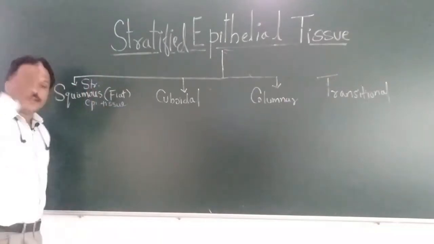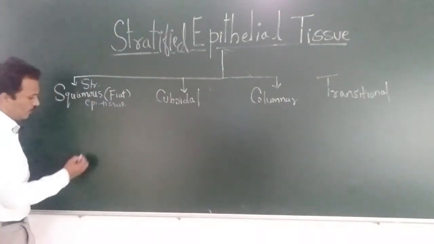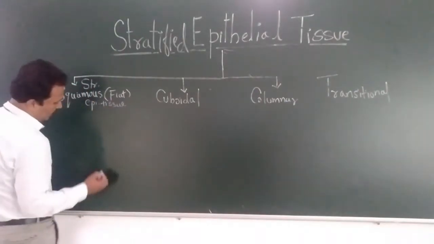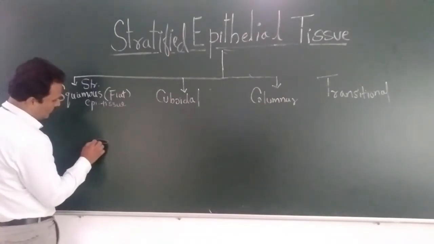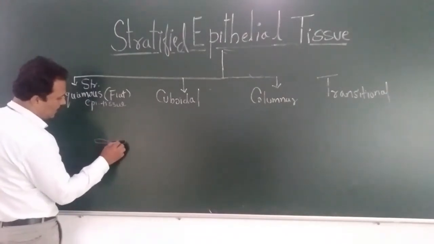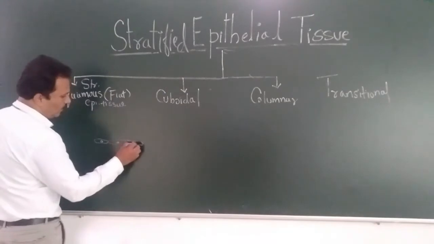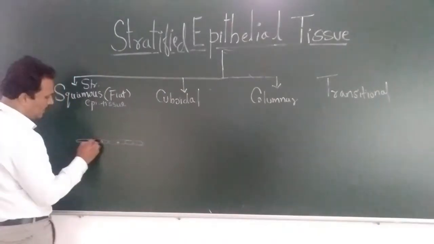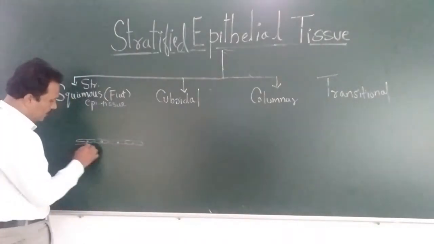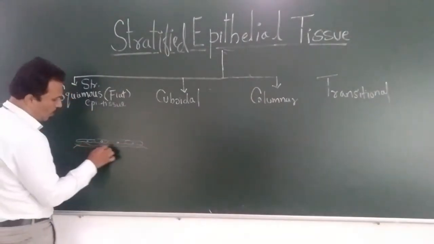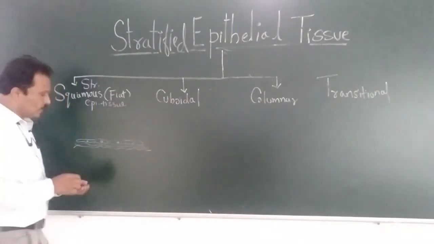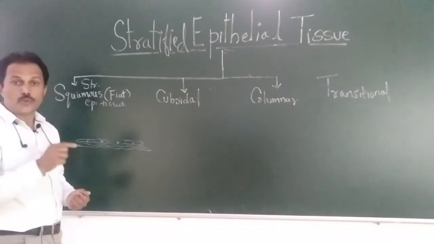If you take a side look, a vertical section, these are the cells we are seeing. These are the flat cells, this is a flat cell, and here you will find this is a basement membrane on which this stratified epithelial tissue is placed.